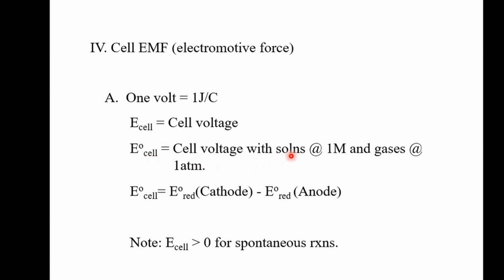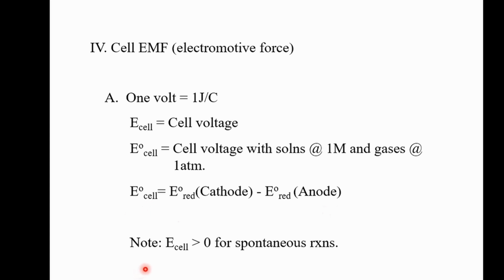Cell voltages with solutions all at 1 molar, gases all at 1 atmosphere, and solids having a fixed concentration. And what's this E red business? Red means reduction potential. So if we make a battery out of some metals, and if we knew a standard reduction potential for the metal that's the cathode, and a standard reduction potential for the metal that's the anode, we could measure this.